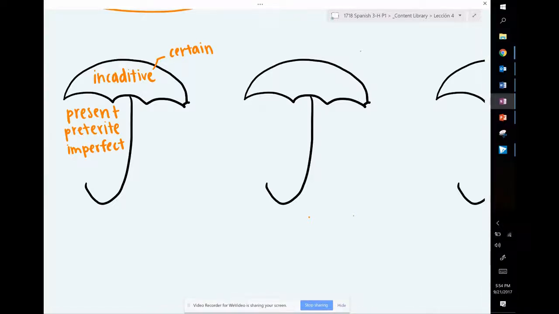The next mood we're going to talk about is the imperative. Some of you may have heard of the imperative before, but the imperative, those are your commands. Okay, things that are imperative or necessary to be done. So those would be affirmative and negative tú commands, affirmative and negative usted commands, affirmative and negative ustedes commands.